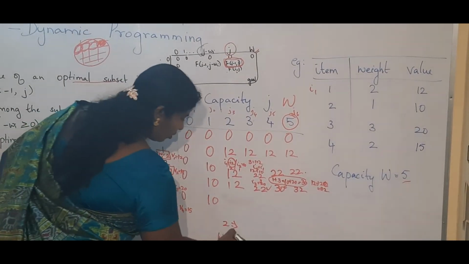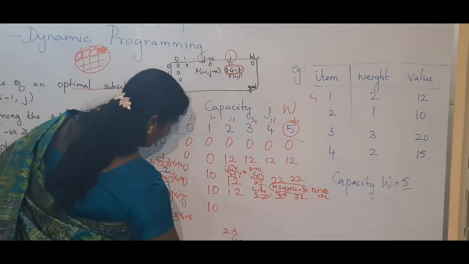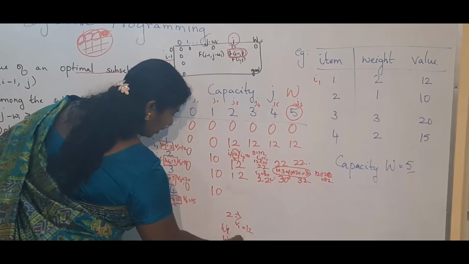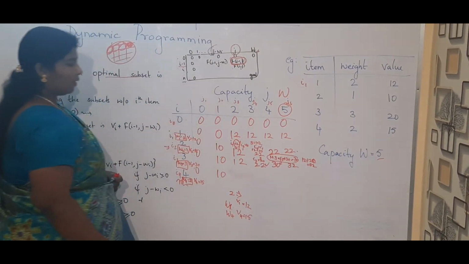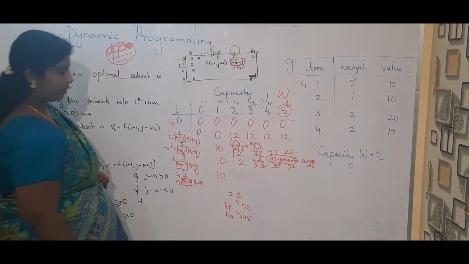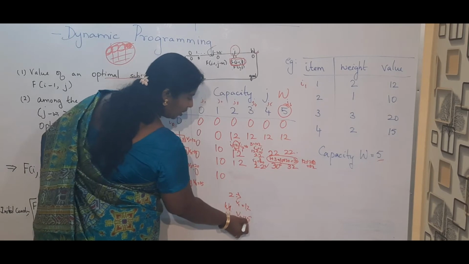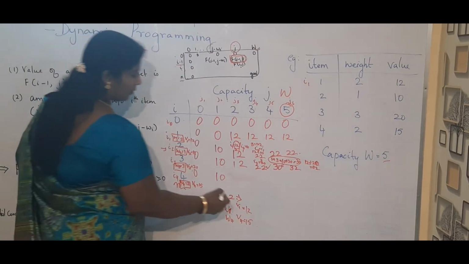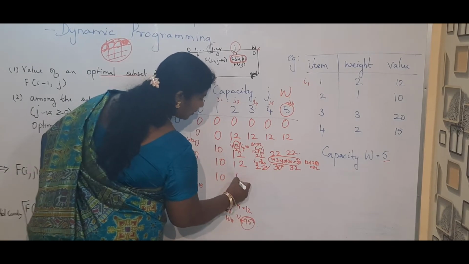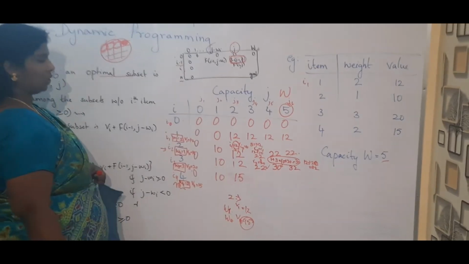The value for weight 1 is going to be 12, and the value for item 4 is going to be 15. Now it is our concern to choose which is maximum, whether it is 12 or 15. Which one can we choose? We can obviously have this as our optimal solution.